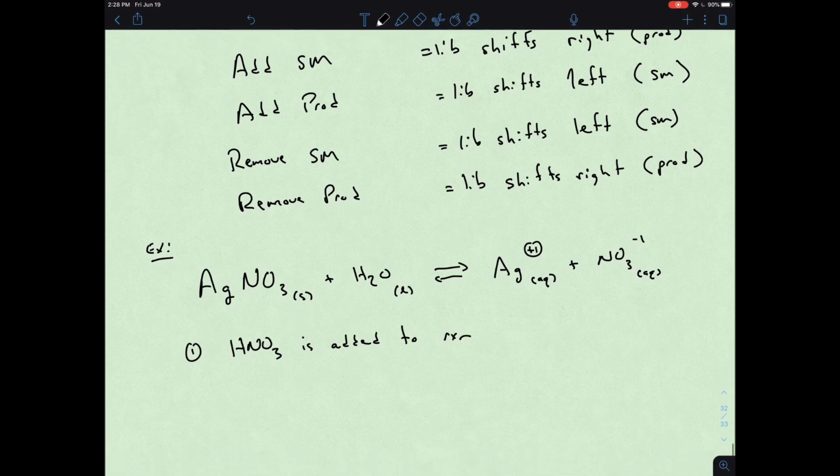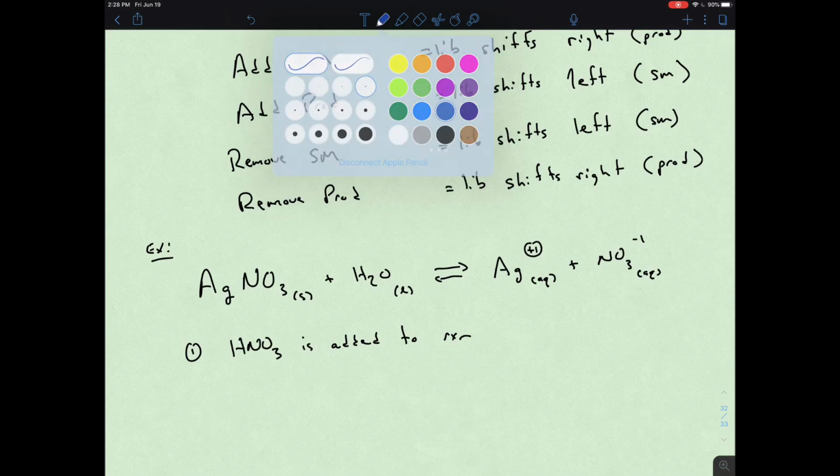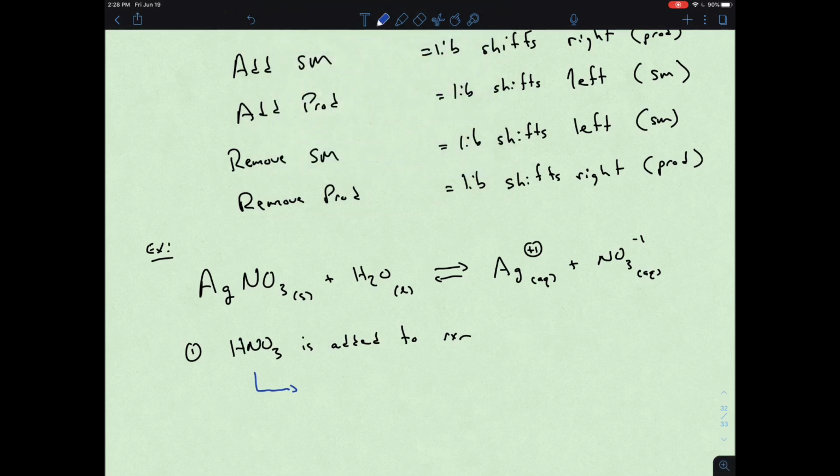So what is nitric acid? Well, nitric acid is much like silver nitrate, is going to dissociate into solution when we add it.